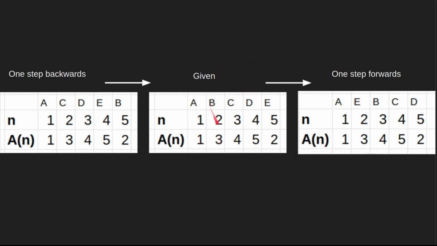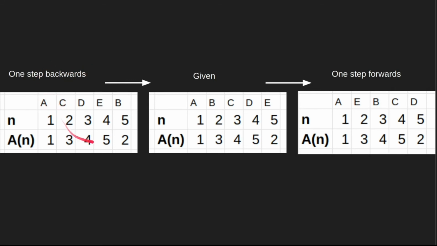To figure out where cow C goes, cow C is in position number 3. We need to see where 3 shows up in the order, and 3 shows up right here, under slot number 2. Which means C was under slot number 2 in the previous iteration.